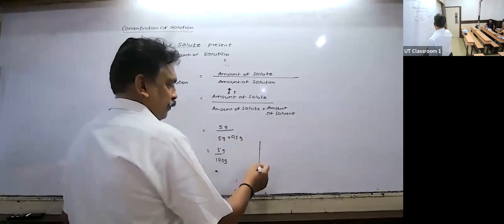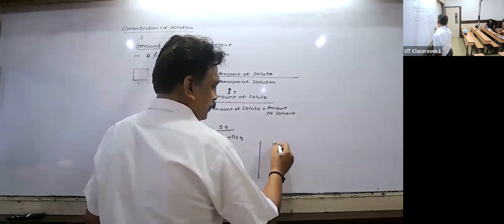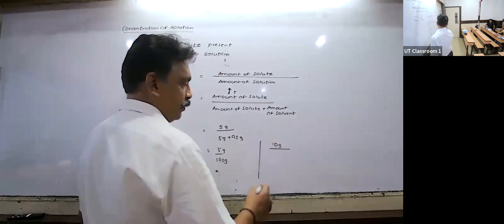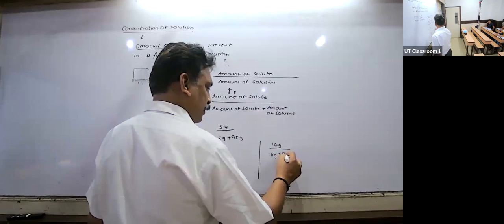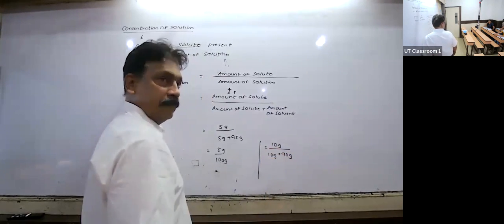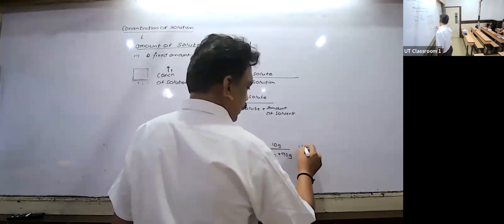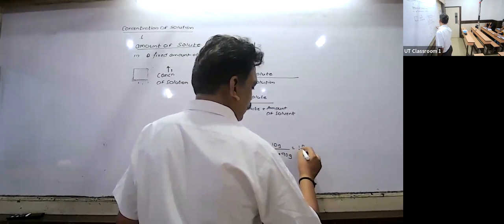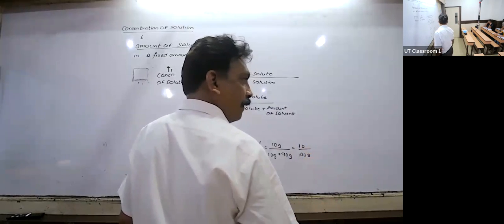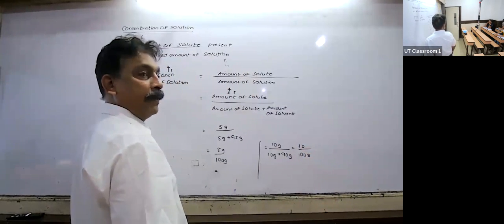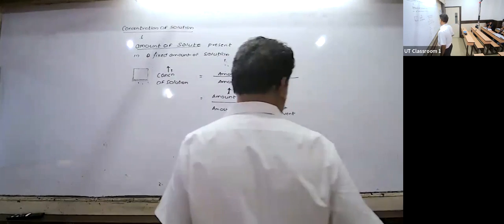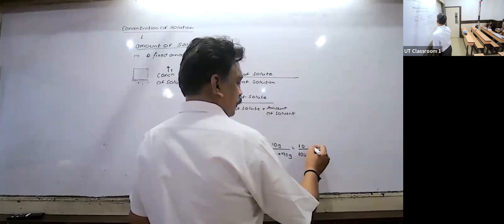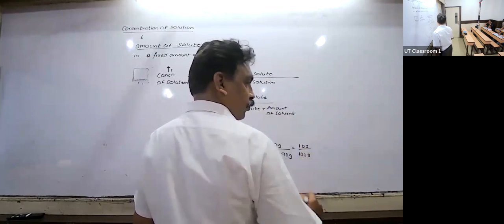If a child takes, for example, instead of 5 grams, he takes 10 grams of solute. So 10 grams of solute, and he adds 90 grams of solvent. Then it will be how much? 10 upon what? क्या मिलेगा आपको? 10 grams of solute in 100 grams of solution, right?